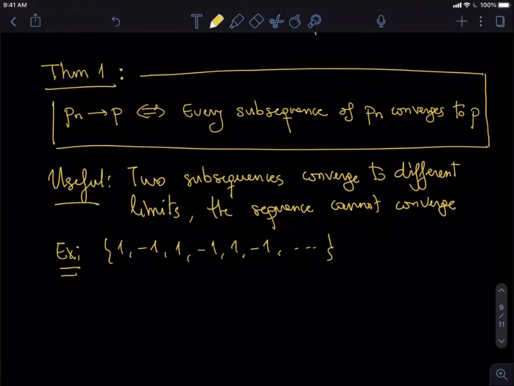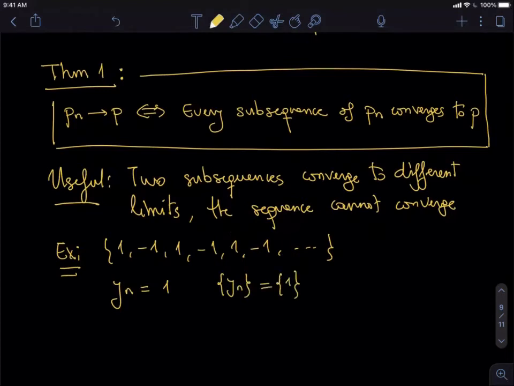We can apply this theorem and say, well, because we have the sequence Pn, let's use a different letter. So let's use Yn, which is always 1. Okay, so this will be the subsequence Yn, which is always 1.